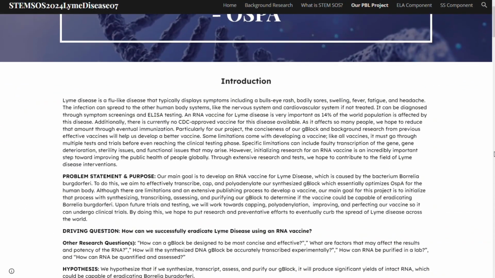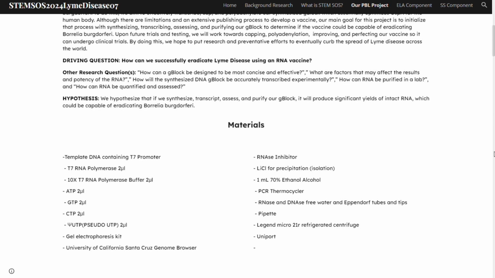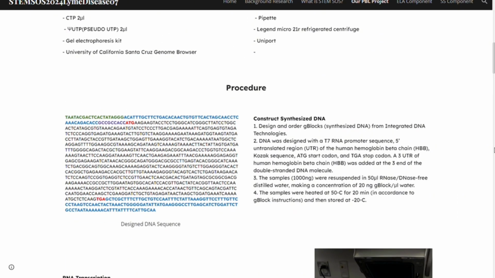For our procedure, we began by designing our DNA sequence. We started by adding a T7 promoter to initialize transcription, then added a 5' UTR derived from the human hemoglobin beta gene to regulate high levels of protein expression. Next, we added a Kozak sequence to initialize translation, and then added a start codon.